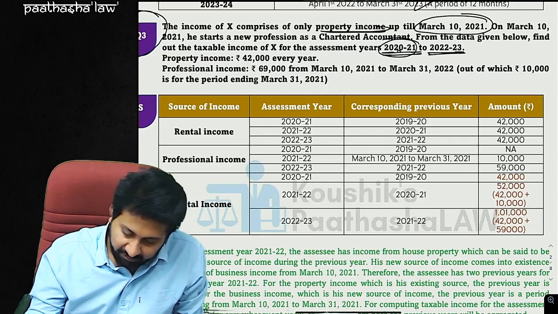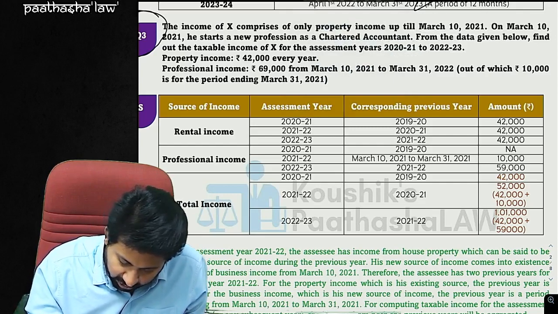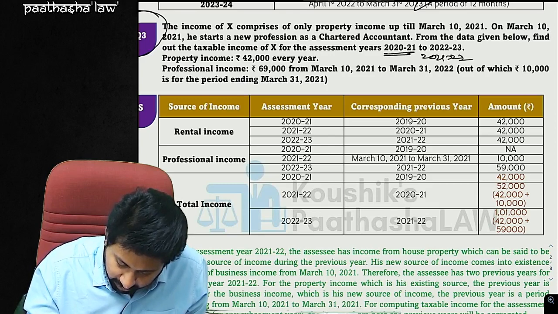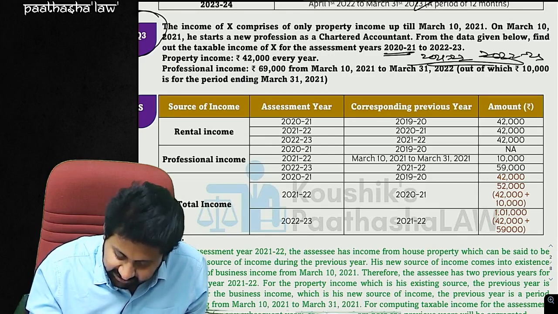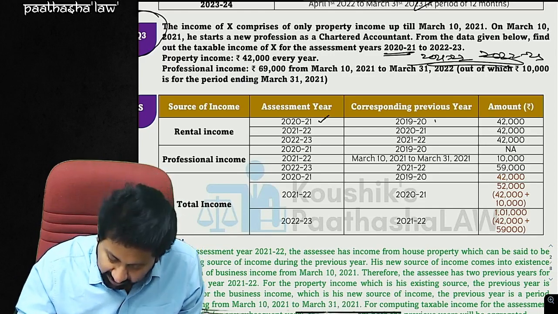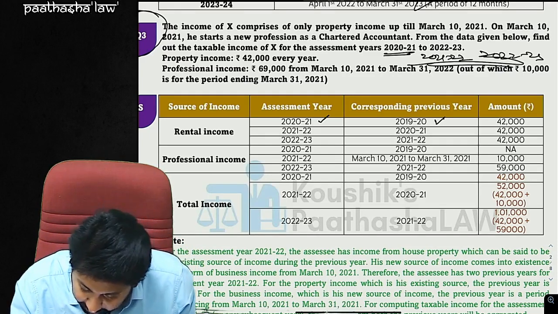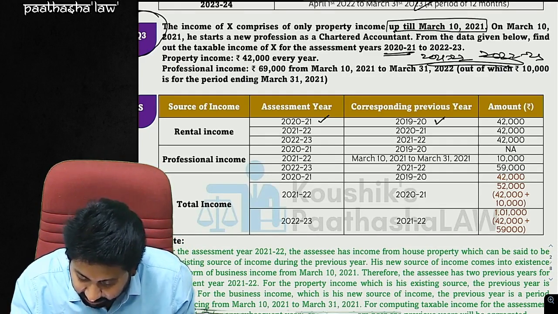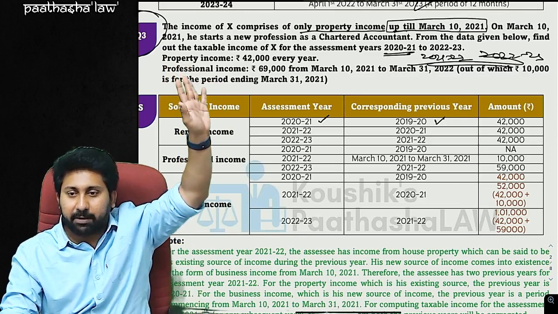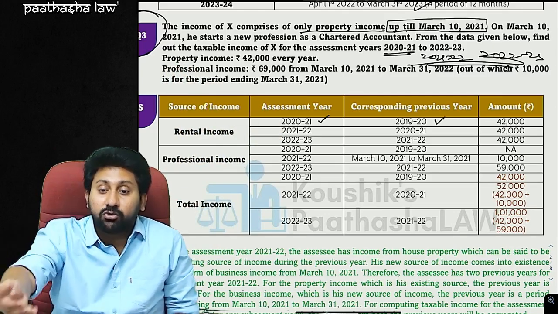Now first he is asking, you should assess the income for 2021-22, 22-23. How many years? 3 years. Now see here. For assessment year 2021, previous year will be 2019-20. He clearly said up till March 10th 2021 only property income is there. It is there since long past, and after 31st March a new source has been added.